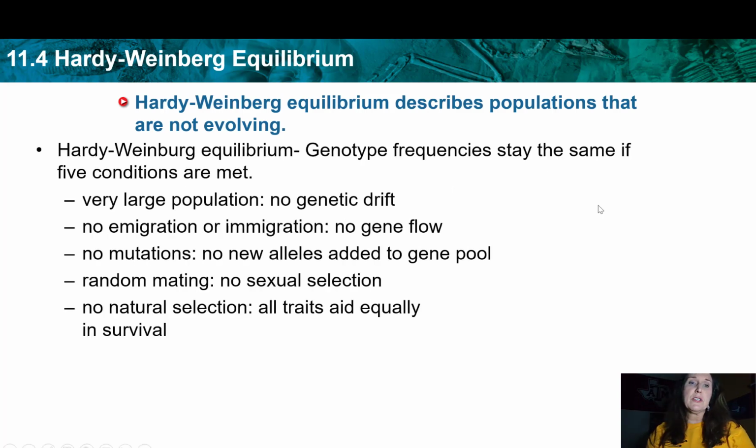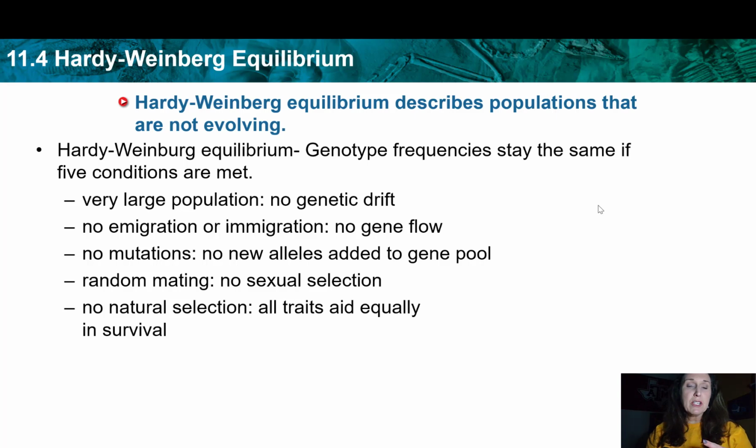Here are the qualifications. Genotypic frequencies, that means the frequency of alleles in a population, will stay the same if 5 conditions are met. A very large population, so small populations change rapidly, so the larger the population, the better.